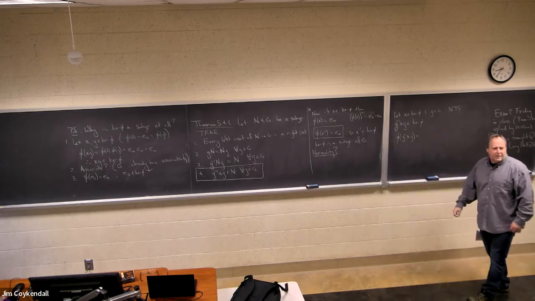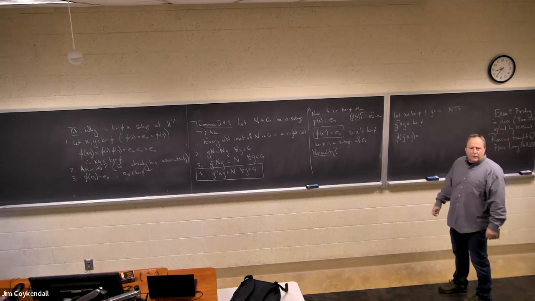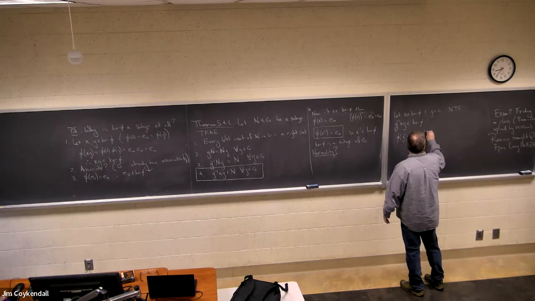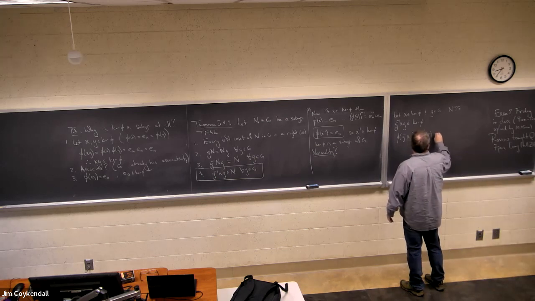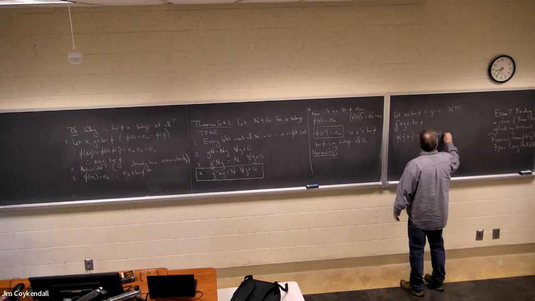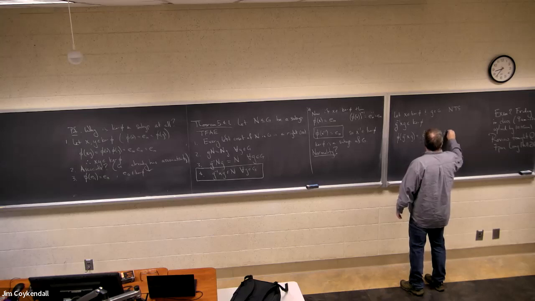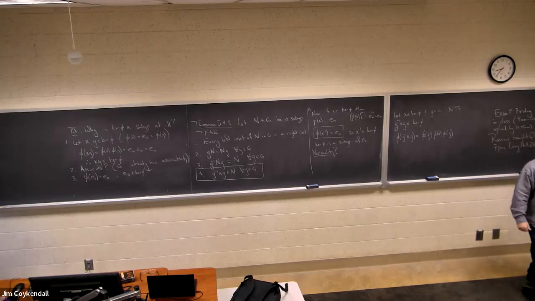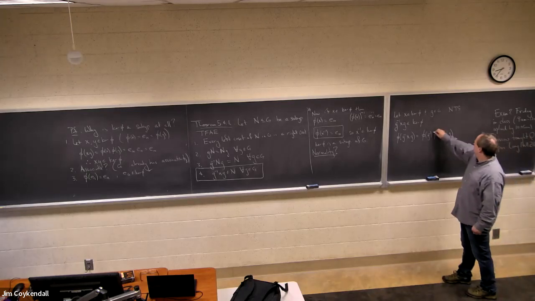See what happens to this thing. I don't know much, but this is a homomorphism, so I can break this up into three bits. Good so far? Now, what happens to this phi of X in the middle?